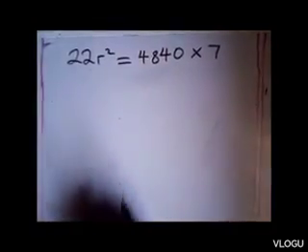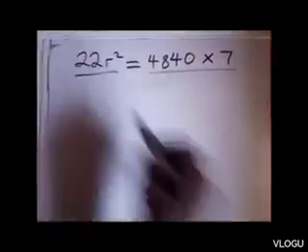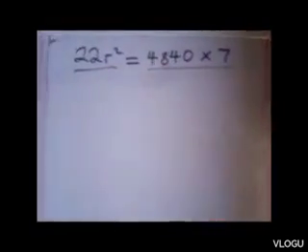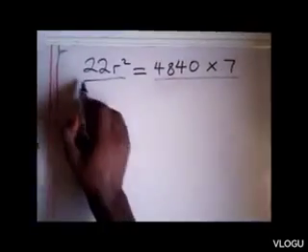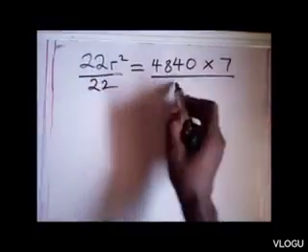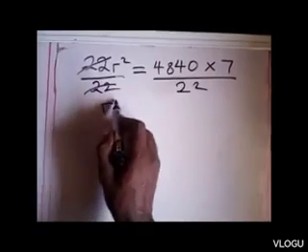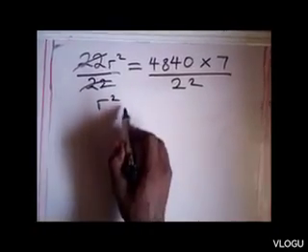So let's continue. I will divide both sides of the problem with 22. So dividing both sides by 22, I'm left with radius raised to power 2 here.